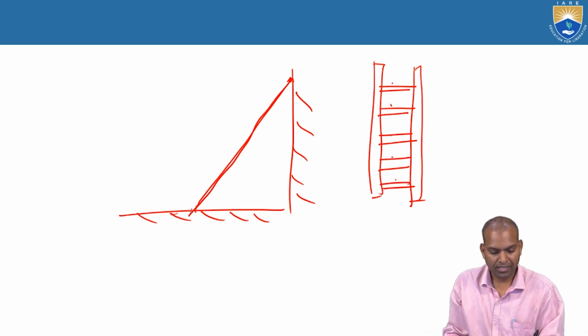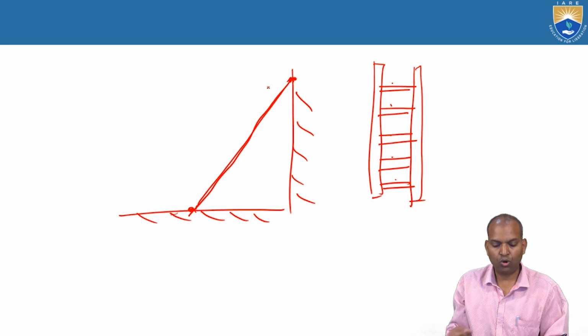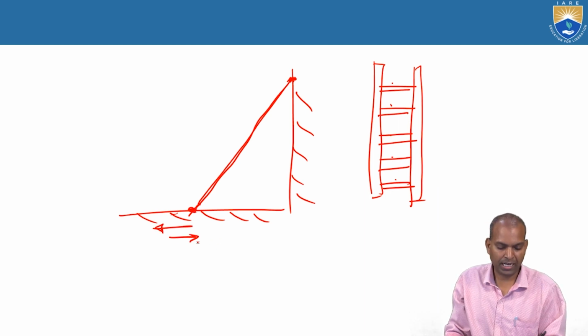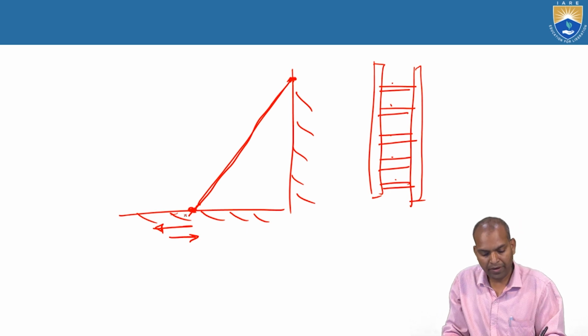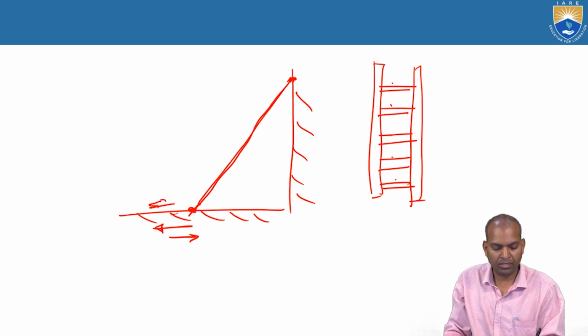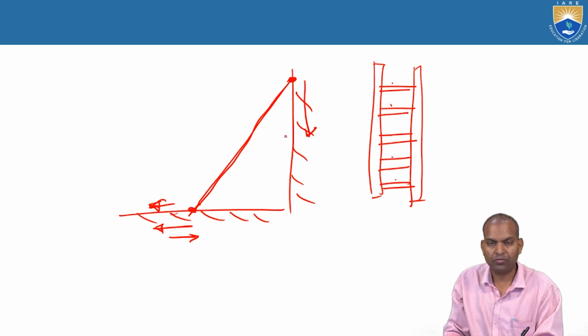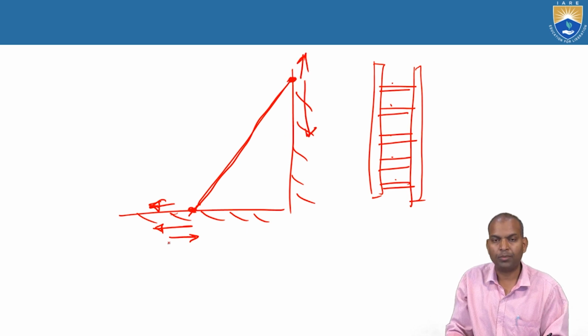Now it is inclined here. In order to hold it, there is friction. The motion tendency of this point is in this direction, and the friction force acts in the opposite direction. When this point is moving in this direction, this edge is going downwards, so the friction force acts upwards.